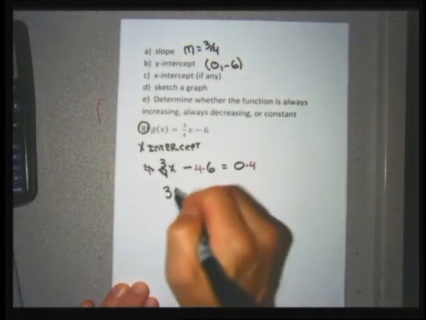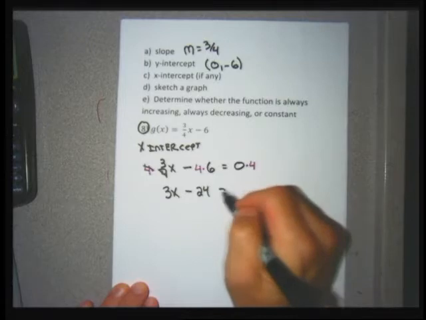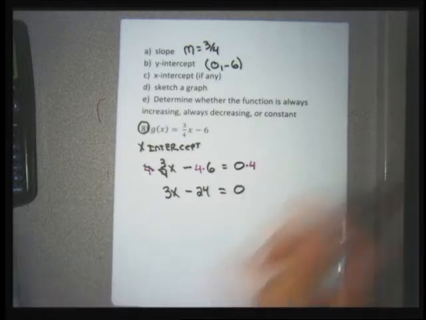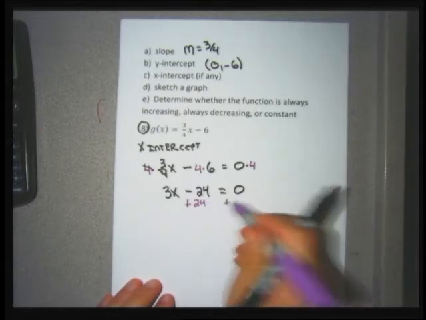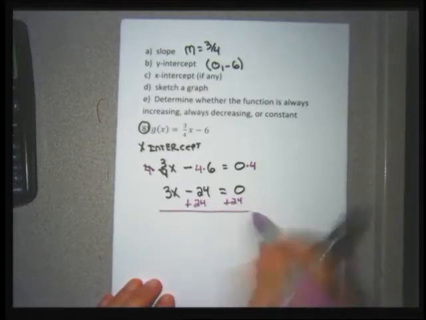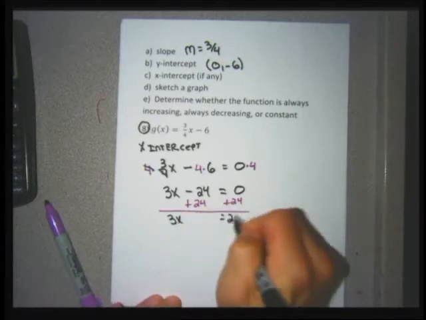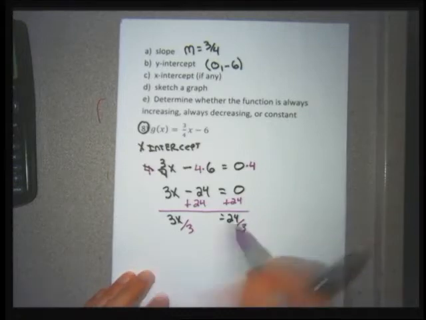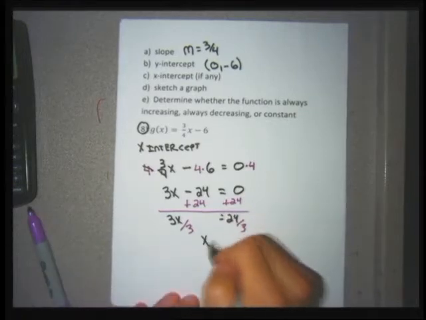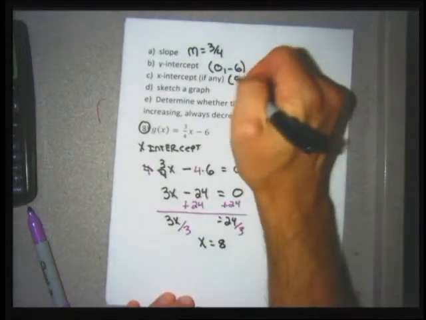I'm left with 3x. When I multiply the 4 times 6, I get 24. When I multiply the 0 times 4, I get 0. And now I'm going to add 24 and divide by 3. When I add 24 to both sides, I get 3x equals 24. And then when I divide by 3, I get x equal to 8. So for the x-intercept, I'm going to write the point 8, 0.